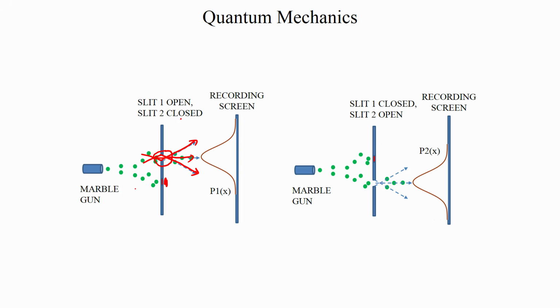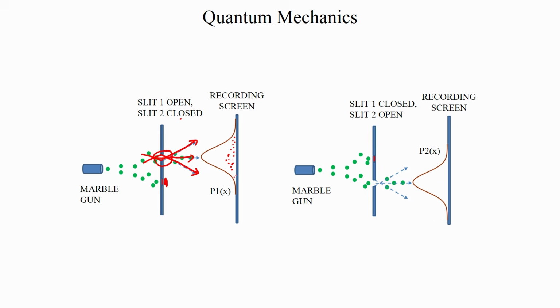What you would expect is that most of the marbles that got through this gap strike the screen at some point here, and there would be some sort of gradual decrease in the probability that a marble impacted the screen at the other places.